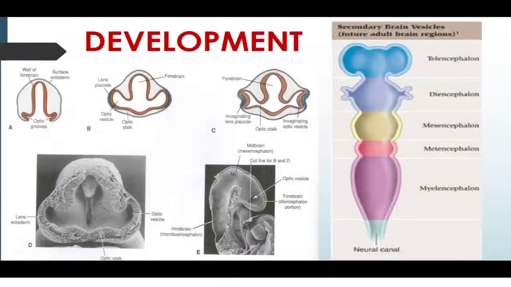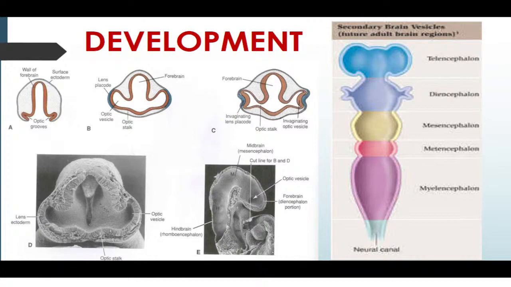In the schematic diagram, all types of brain elements are very well visible, for example myelencephalon, metencephalon, mesencephalon, diencephalon, and telencephalon. What is it? This is a result of organic morphogenesis, neurogenesis of the brain.